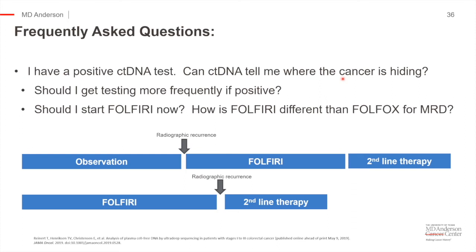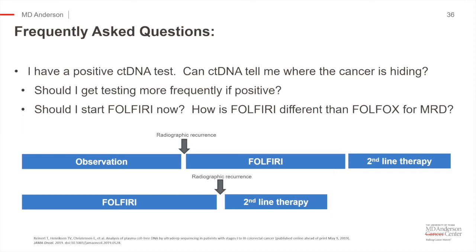So the short answer to "should I start FOLFIRI now" is to say, unfortunately, despite our desire otherwise, FOLFIRI is not going to cure the cancer, right? Instead, the alternative is observing until a radiographic recurrence occurs, then starting FOLFIRI.